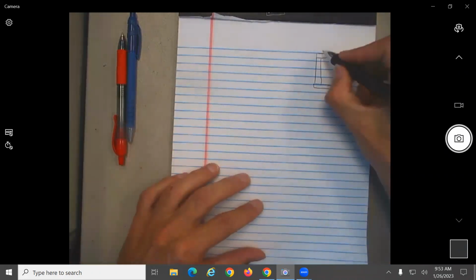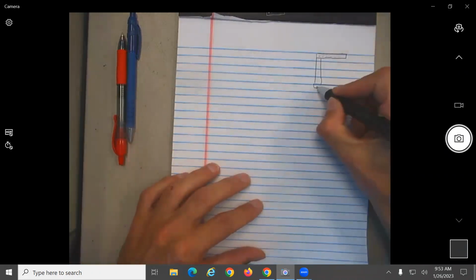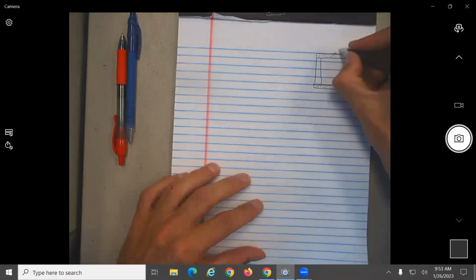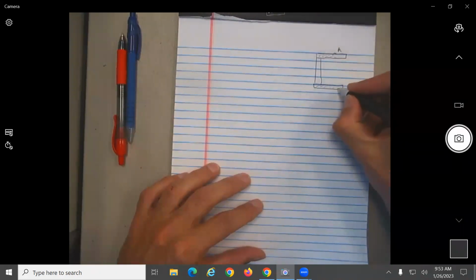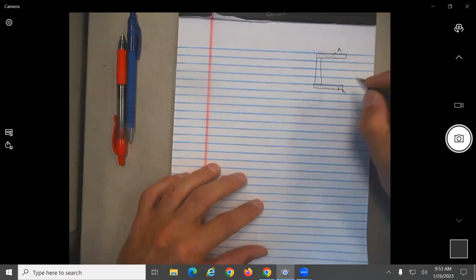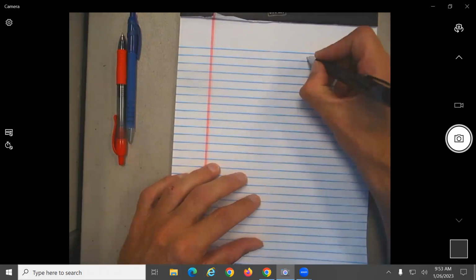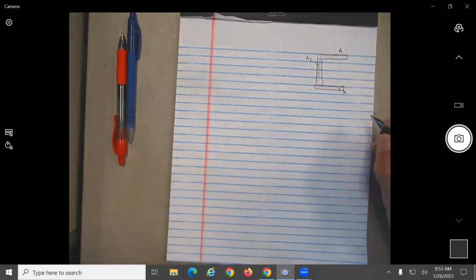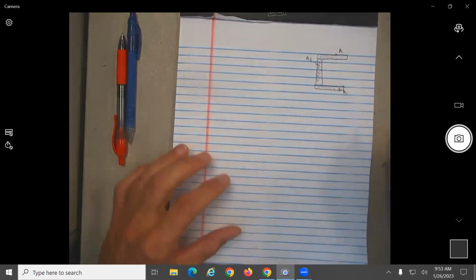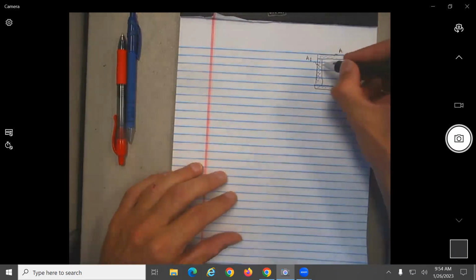So I think we call these two areas here A sub 1. A sub 1. Correct me if I'm not correct. Okay, and I think this one here was A sub 2. Did we calculate the location of the CG?